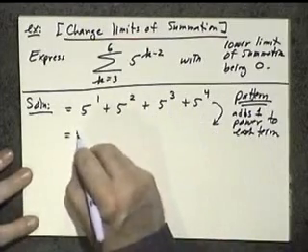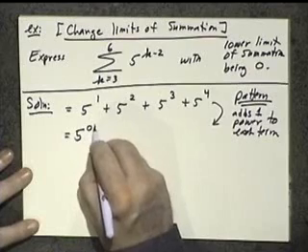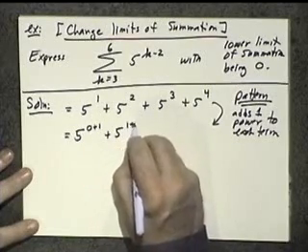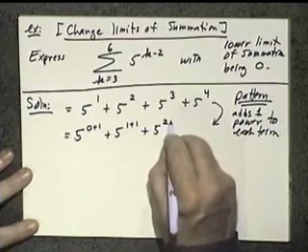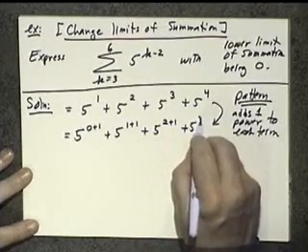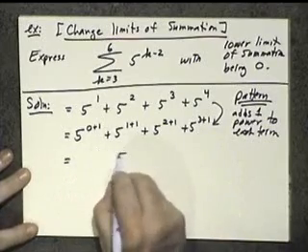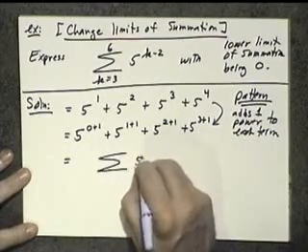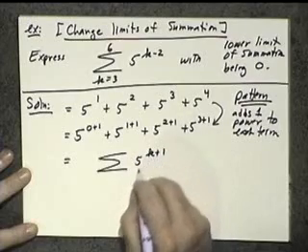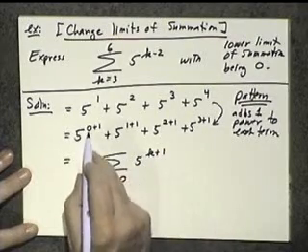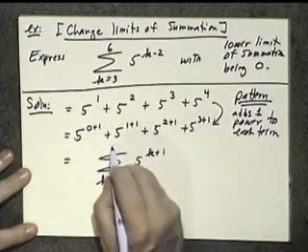So that suggests that perhaps I could write this as 5 to the 0 plus 1, plus 5 to the 1 plus 1, plus 5 to the 2 plus 1, plus 5 to the 3 plus 1. So it seems like I have a nice pattern, which means I can now write this as a sum of 5 to the k plus 1, if I want to use k again, where k starts from 0, see it's 0 here, then it's 1, 2, and 3, and ends at 3.